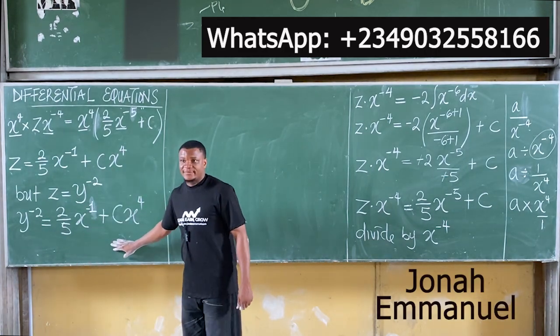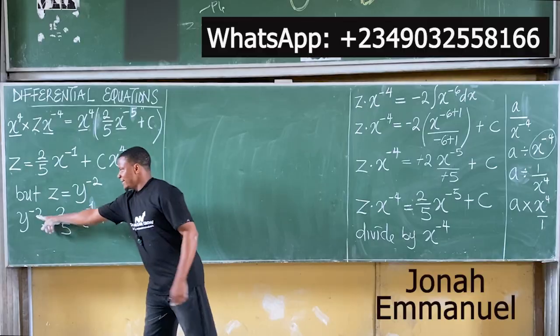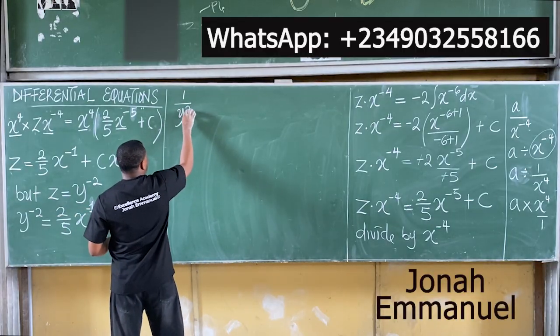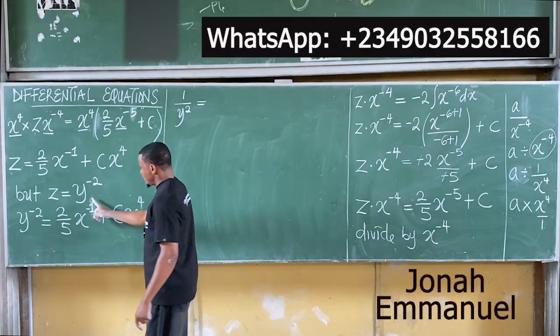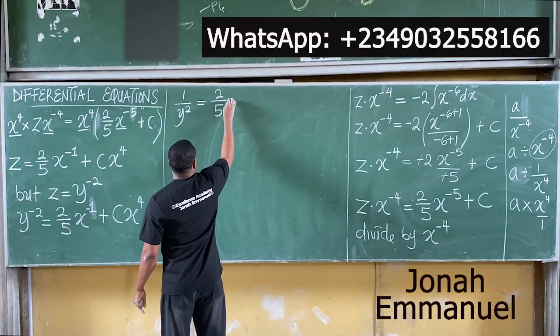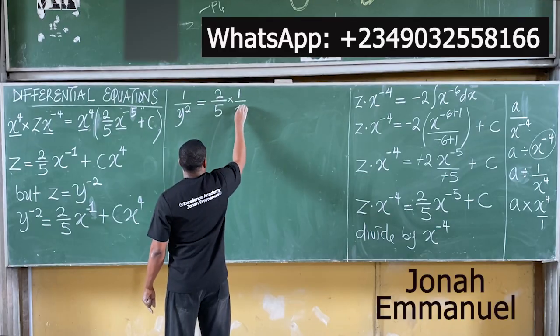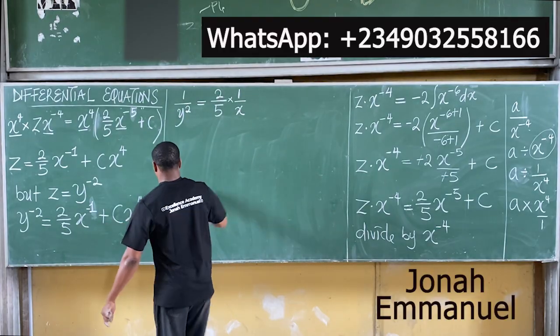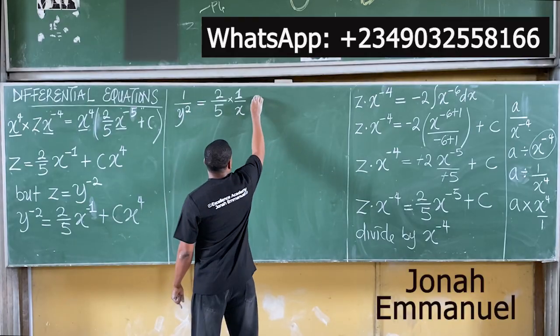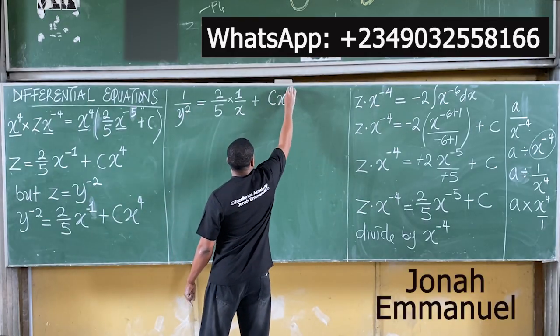Let's simplify this, please. First things first. This man here is actually what there? 1 over y squared is equal to 2 over 5 times 1 over x, right? Times 1 over x. Plus c x to the power 4.